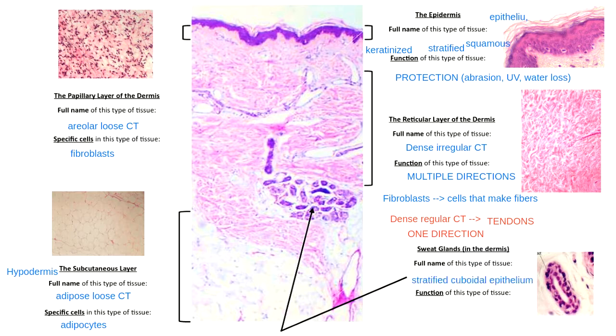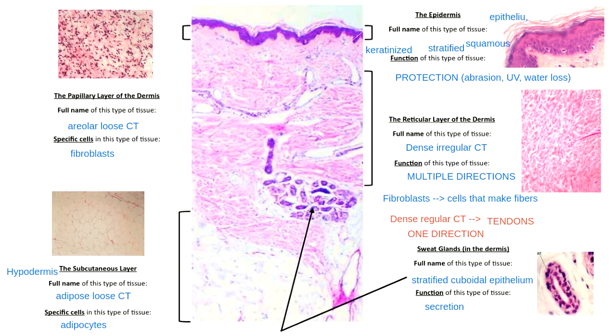Stratified cuboidal epithelium. Help me out in the chat. What did we say the function of this kind of tissue was? What's the function of stratified cuboidal epithelium? Yep, absolutely. Secretion. Secretion and sometimes absorption as well. But the big one that I think will be easiest for you to remember, since these are in sweat glands, they secrete sweat.